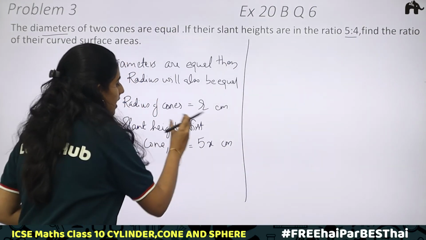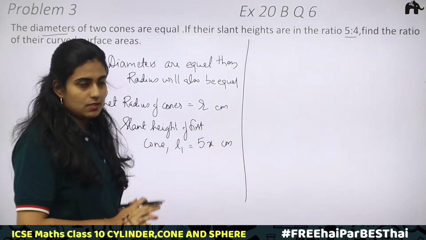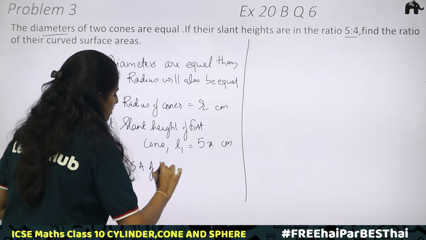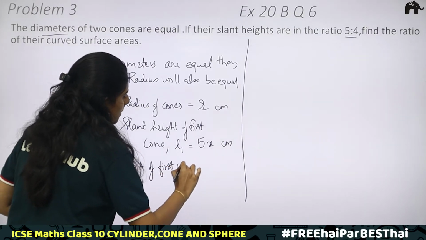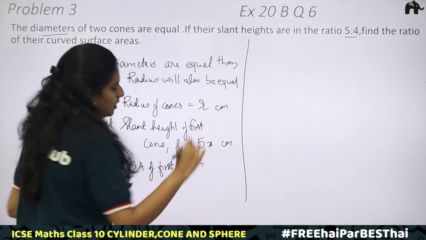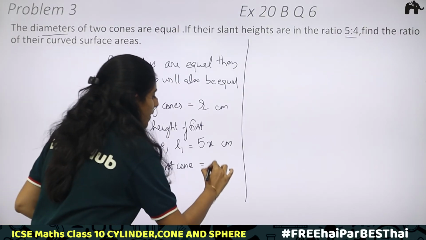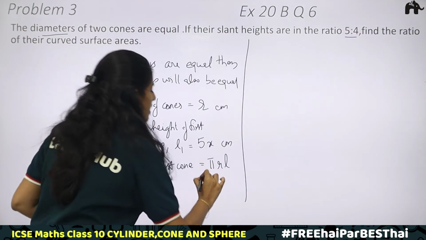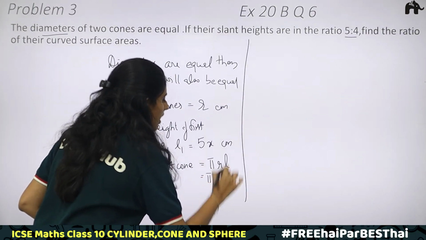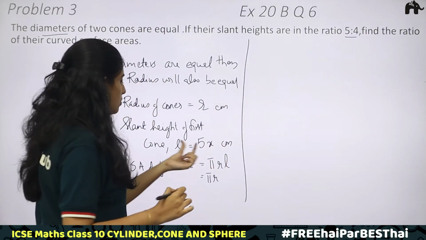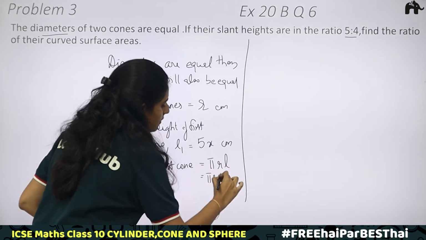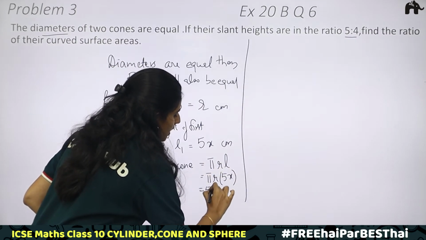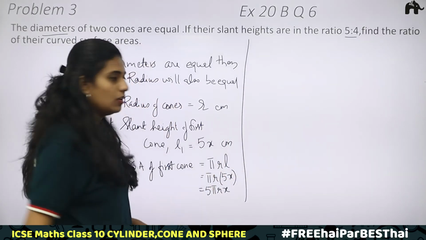Okay. If slant height of first cone is 5x centimeter, then what is the curved surface area of first cone? It is equal to, curved surface area we know, pi r l. Okay. That is pi r L, here L is equal to L1. L1 is 5x. Or this can be written as 5 pi r x. Okay.